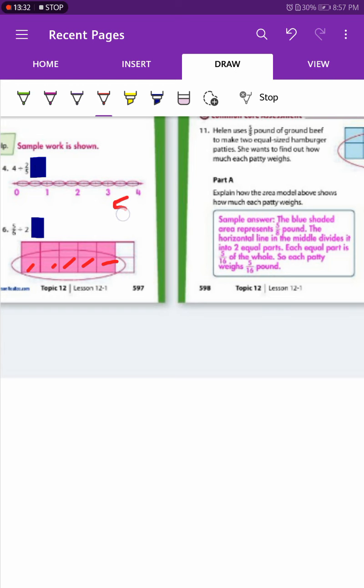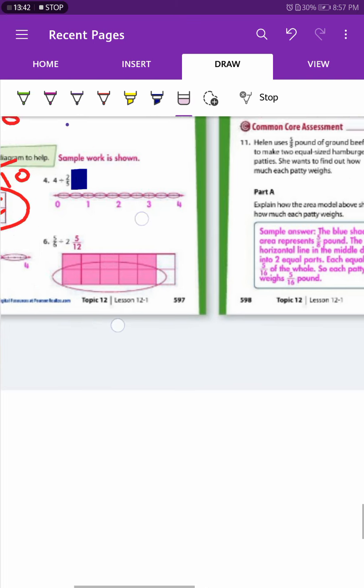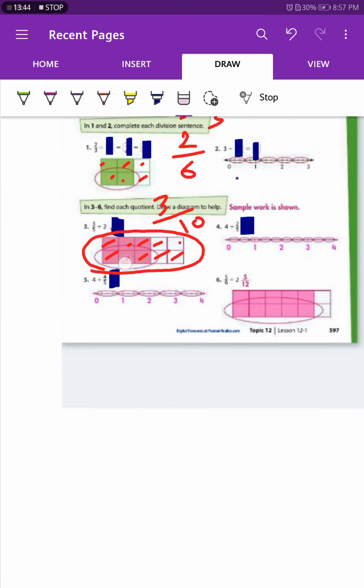So it is 5 over 6, 7, 8, 9, 10, 11, 12. Okay, see the answer: 5 over 12. Okay, see the answer: 3 over 10. Here, 3 over 10, this one.